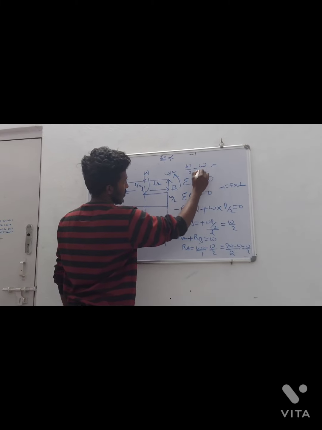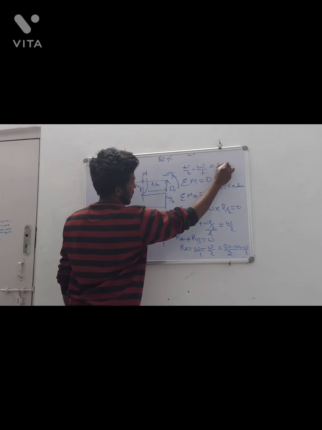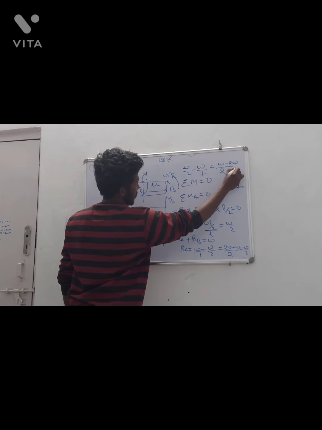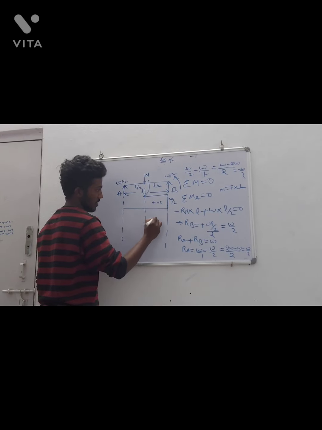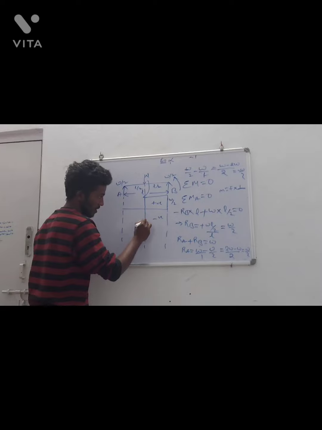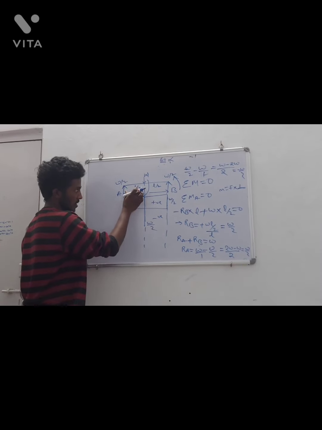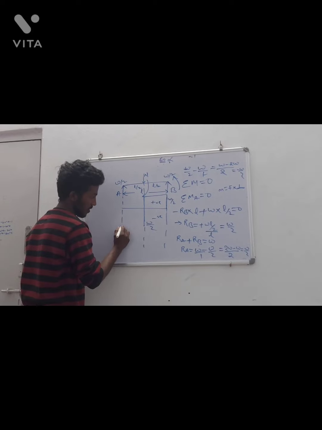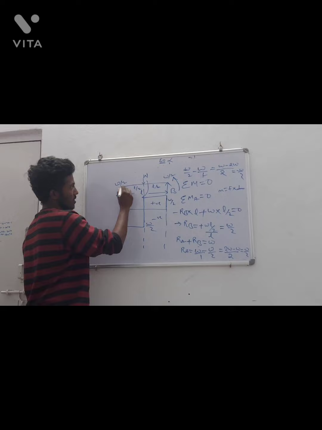So what will you get? Take the LCM 2: W minus 2W, which is equal to minus W by 2. So this is the positive and this is the negative. You have to bring the line down to minus W by 2. There is no force here, so again you get a straight line, and again you have the W by 2.